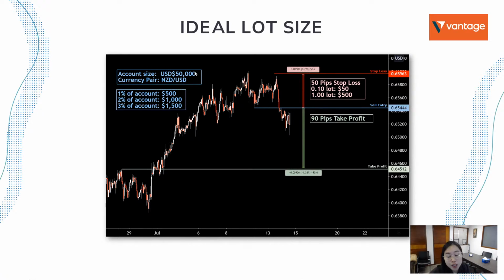You have a $50,000 account. If you're risking 1% on a $50,000 account, that's only $500, right? If you're risking 2%, that's only $1,000, and if you're risking 3%, that's $1,500, right?